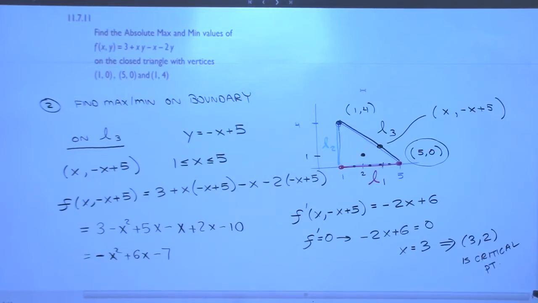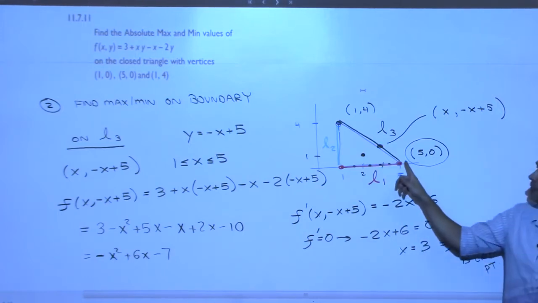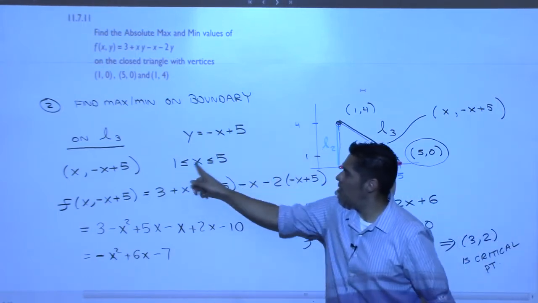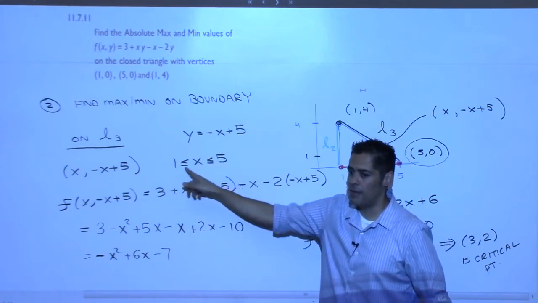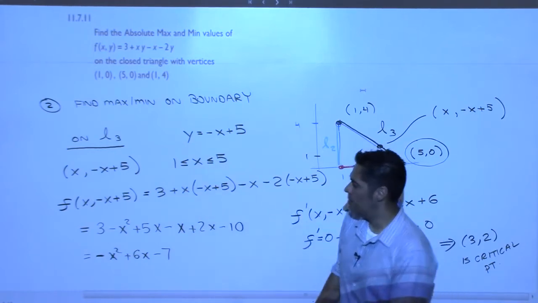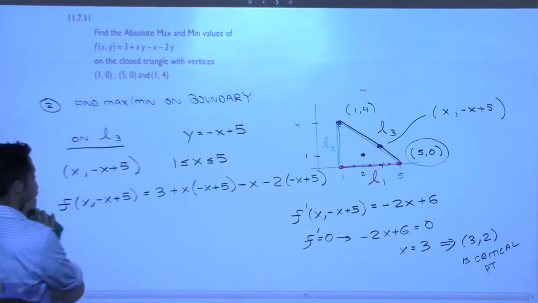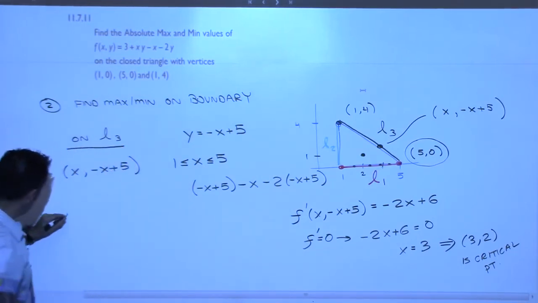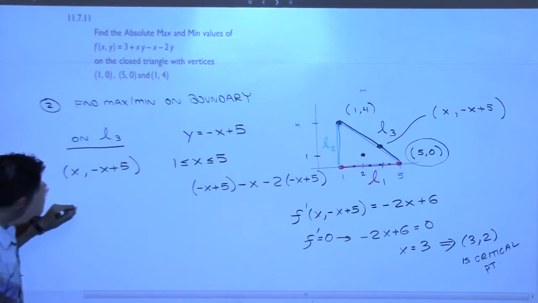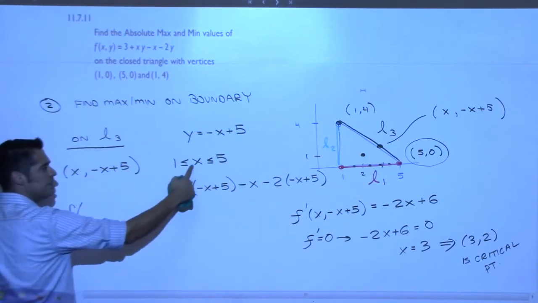So that's the only critical point I have. What I need to do now is look at this function at this point and at x is 1 and x is 5. I haven't done that part yet, so I'm going to write those out. I'm going to look at what happens when I replace the x with 1.